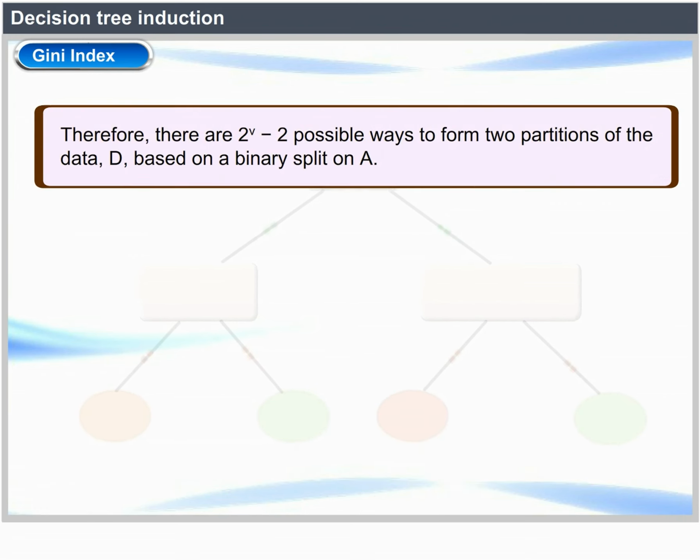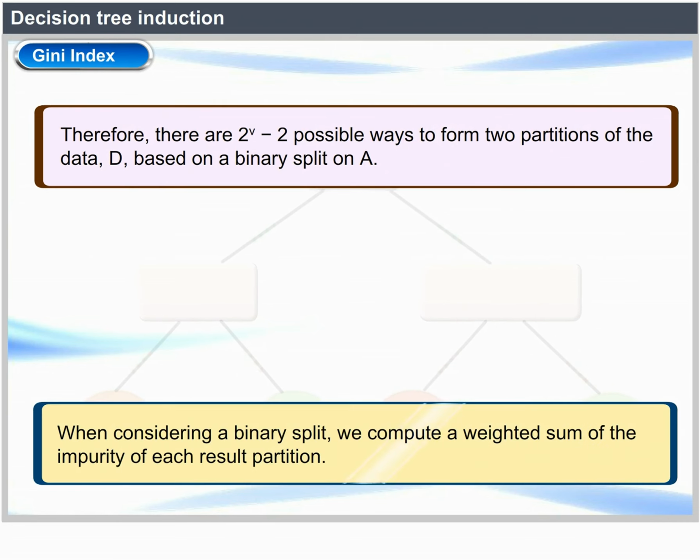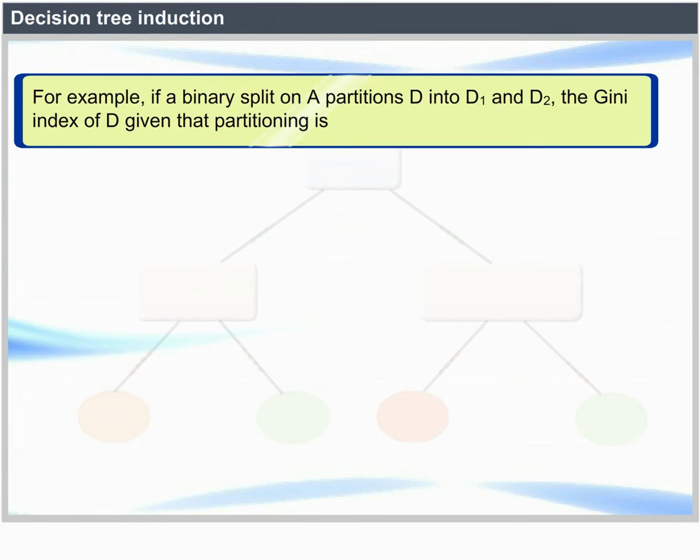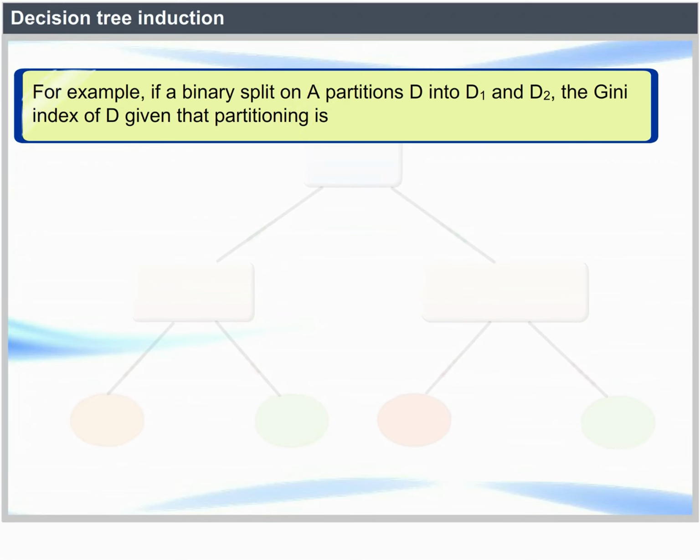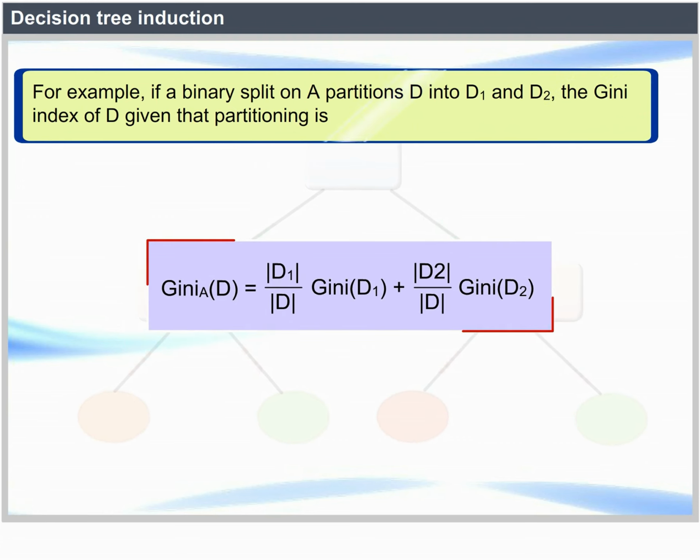Therefore, there are 2^v minus 2 possible ways to form 2 partitions of the data D based on a binary split on A. When considering a binary split, we compute a weighted sum of the impurity of each resulting partition. For example, if a binary split on A partitions D into D1 and D2, the Gini index of D given that partitioning is Gini_A(D) equals |D1| divided by |D| times Gini(D1) plus |D2| divided by |D| times Gini(D2).